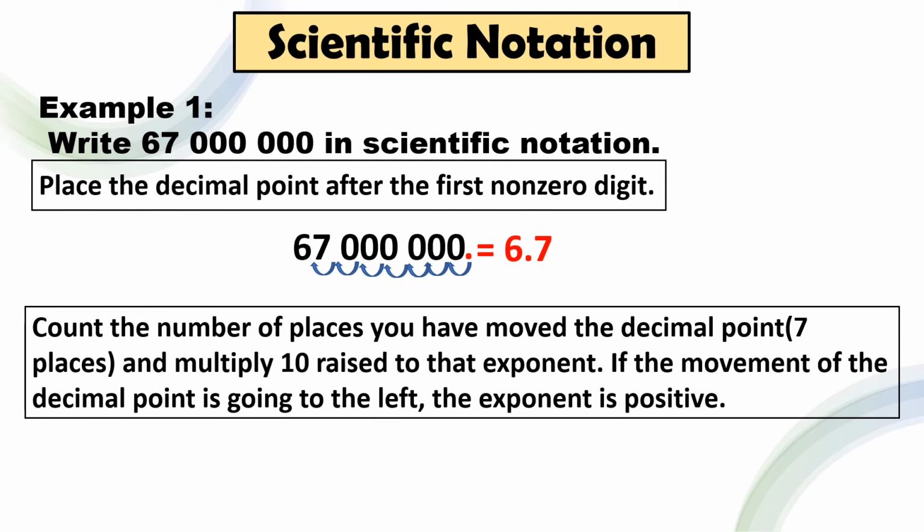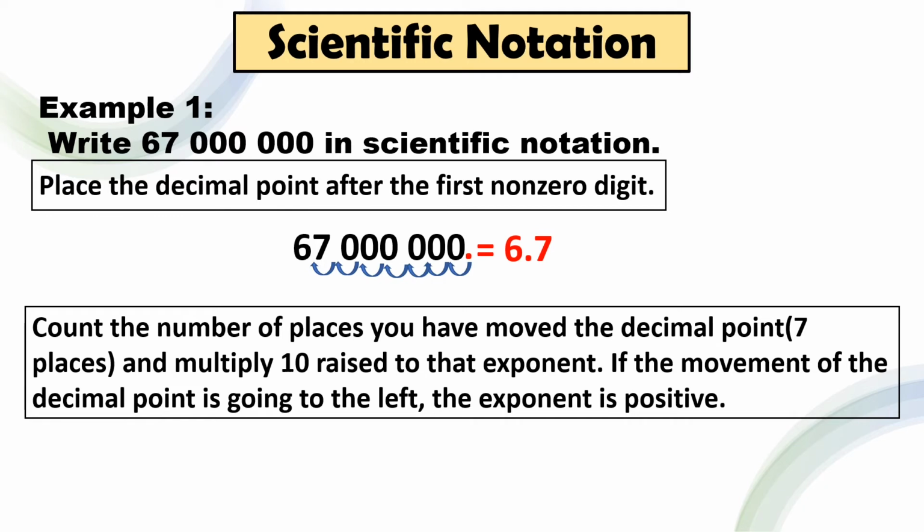Now, count the number of places you have moved the decimal point and multiply 10 raised to that exponent. So, nabilang na natin, we have 7 places, then imumultiply daw natin siya sa 10, o yung 6.7, and then i-raise natin yung 10 sa exponent kung ilang beses tayo nag-move.